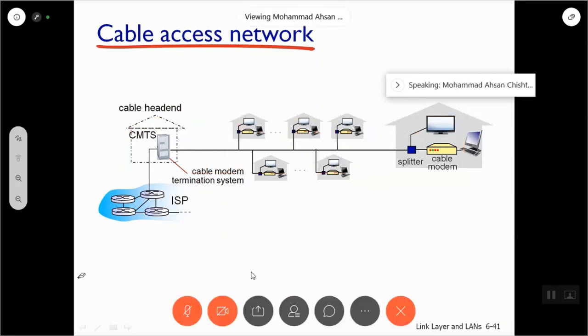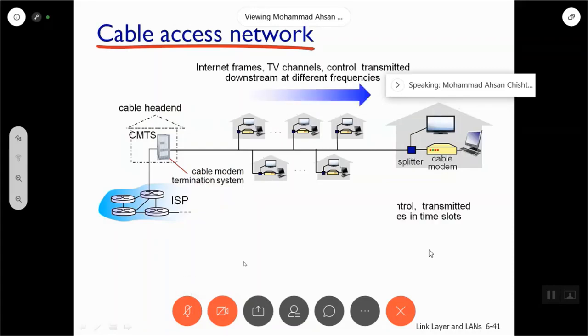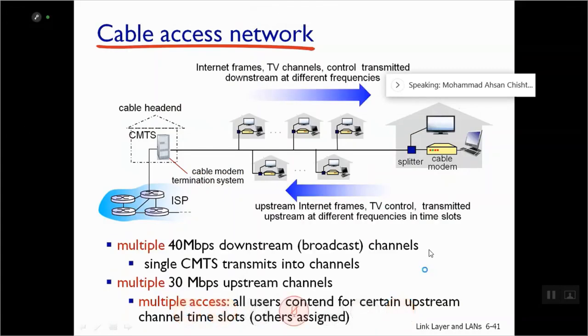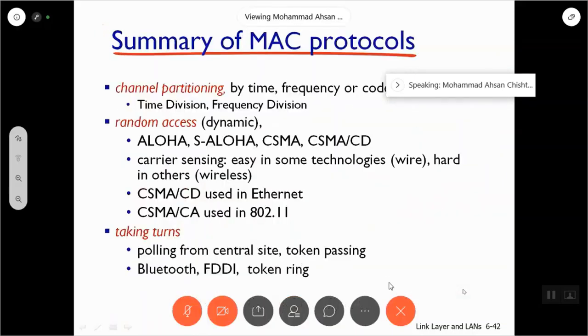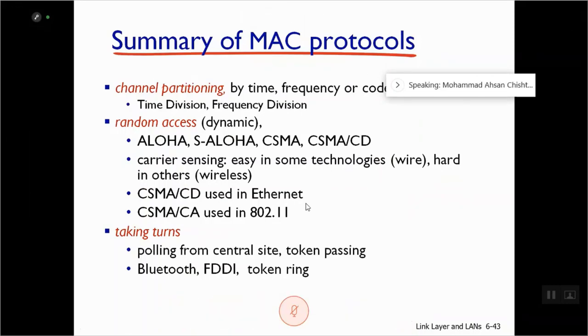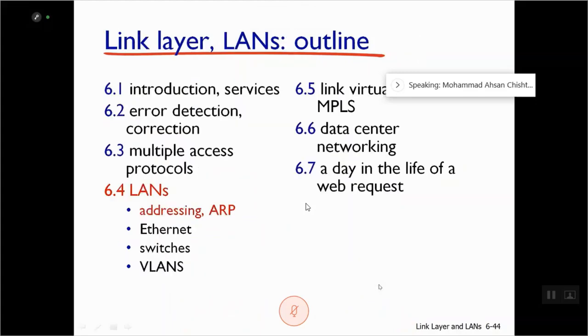So we are done with the multiple access protocols. This is cable access. This is the summary of the 3 that we did: channel partitioning, random access, and taking turns.